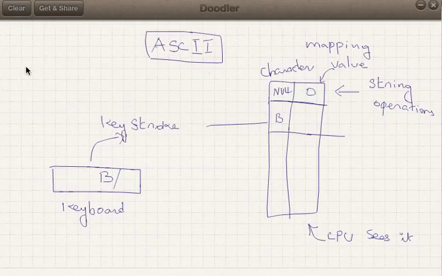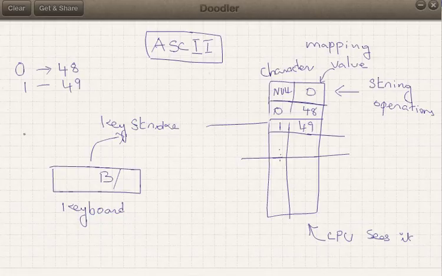That means the digit 0 has an ASCII value of 48, 1 is 49, and it goes on.